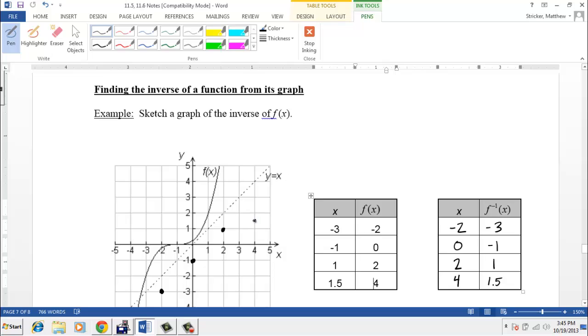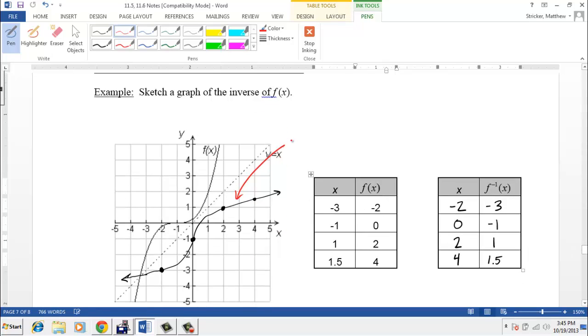And so what this graph will look like, if we were to continue this on and get a few more points, is going to look something kind of like this, which you can see is a reflection across the dotted y equals x line.